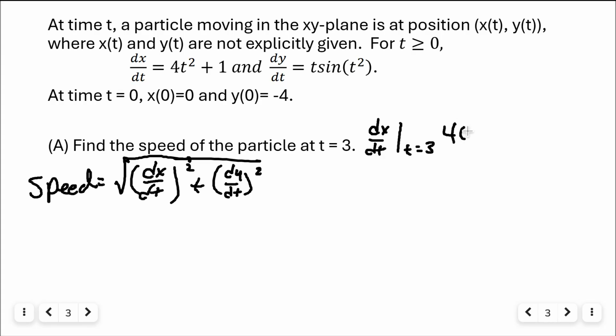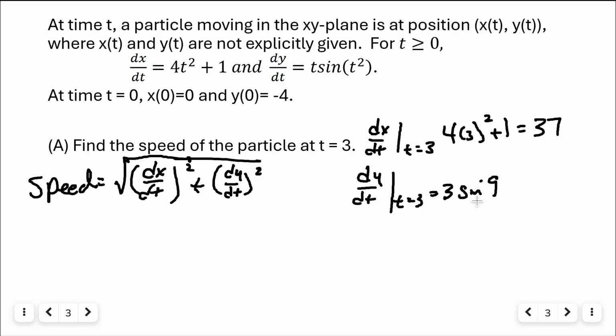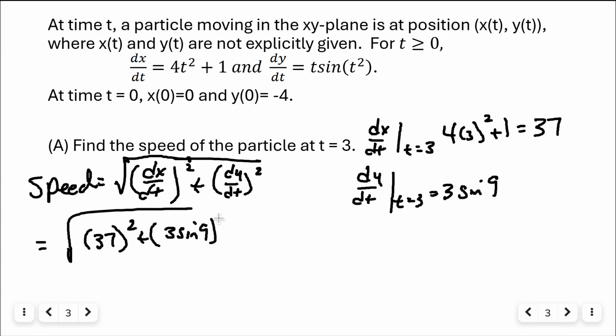We get 37. And dy/dt at t equals 3 is 3 sine 9. So the speed would be the square root of 37 squared plus (3 sine 9) squared, all under the square root. This would be your exact answer.